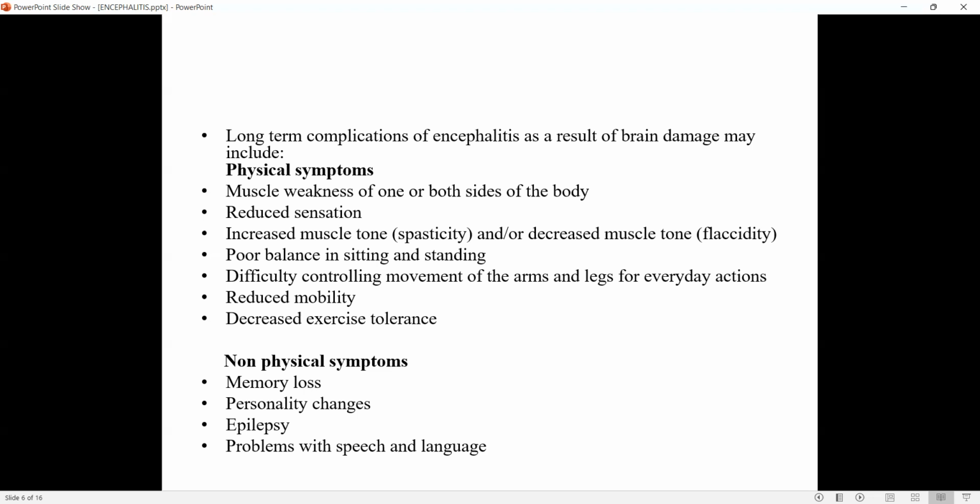Non-physical symptoms: memory loss, personality change, epilepsy, problems with speech and language.